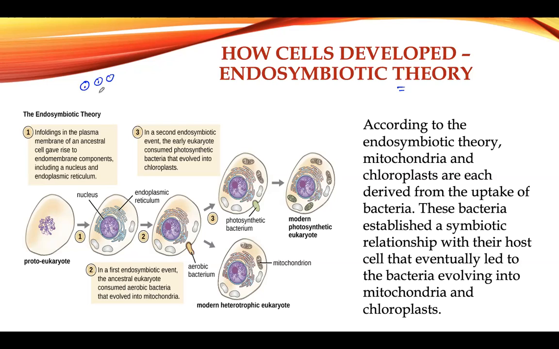What happened? All these prokaryotic cells, accidentally... At the beginning, millions of years ago, all these single-celled organisms were aquatic, right? There was no land at that time. We are talking about the time when the earth was full of ocean and water. There was no land. So what happened?